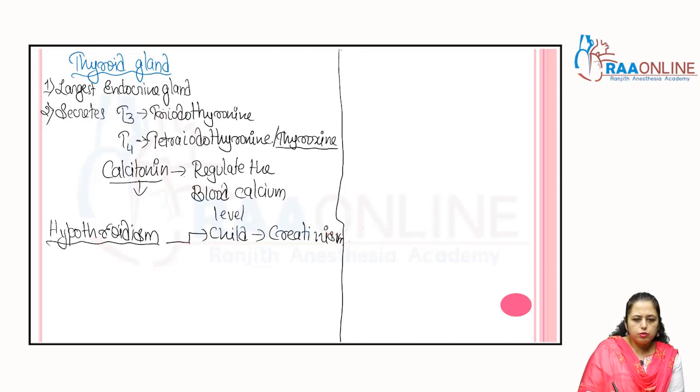When we talk about adults, it is called adulthood hypothyroidism or myxedema, right. Clear? Which is also known as the girl's disease.